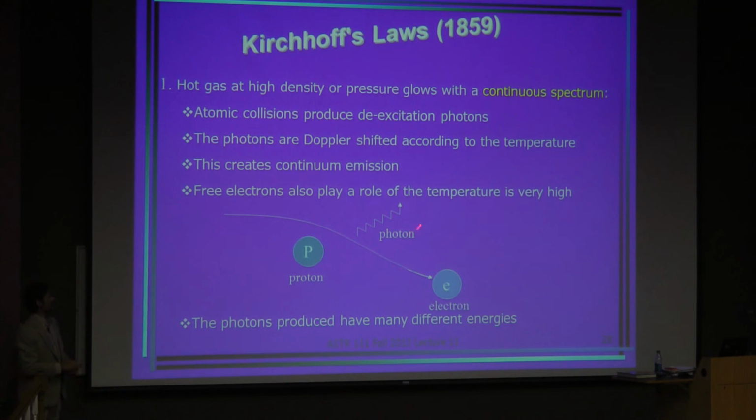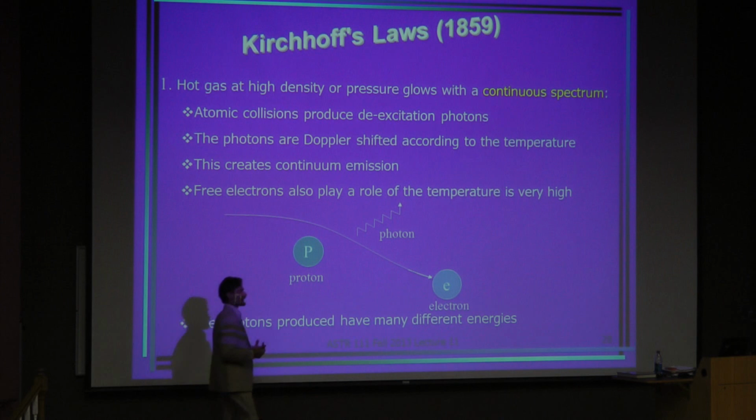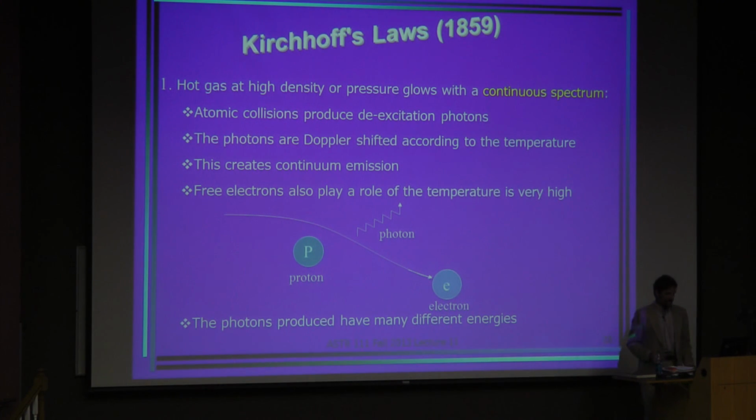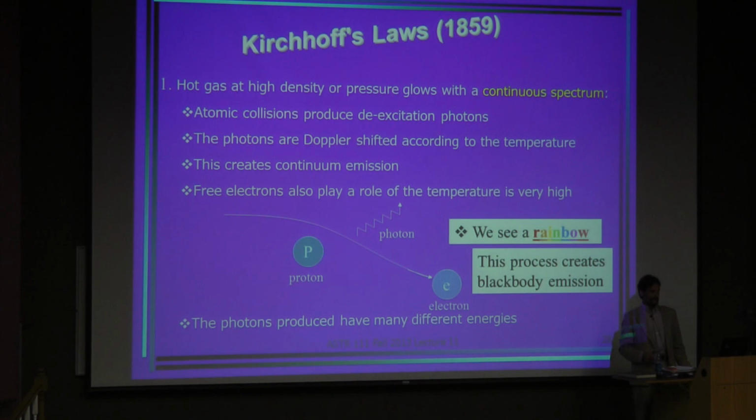In a situation like this, we produce photons at many different energies, because many different kinds of collisions happen randomly in the gas. And when we collect those photons together, we have a continuous spectrum. So the hot gas at high density and pressure is going to produce black body radiation.